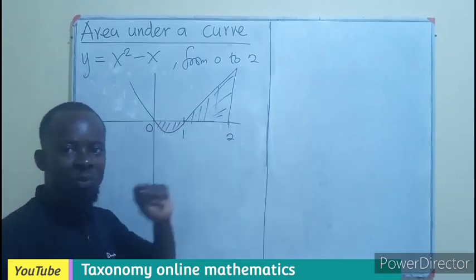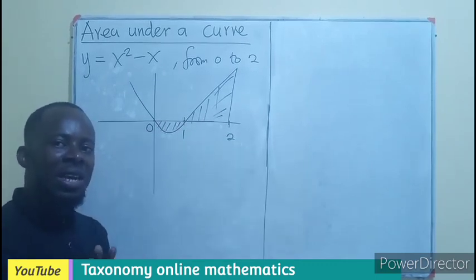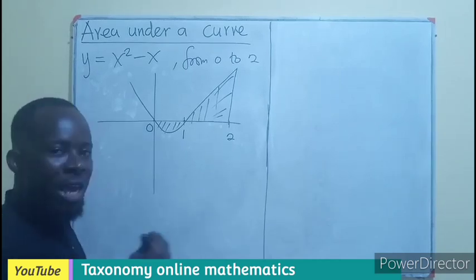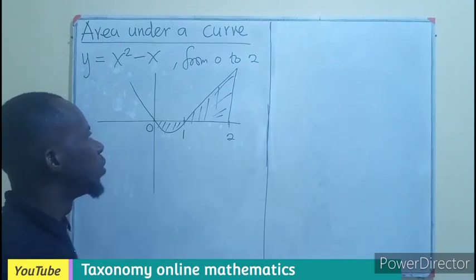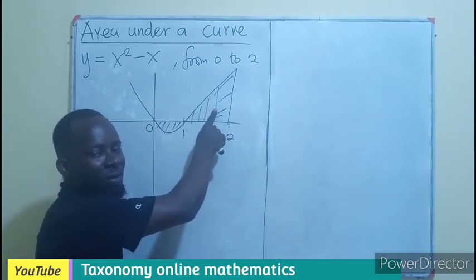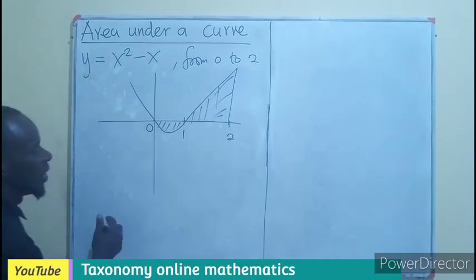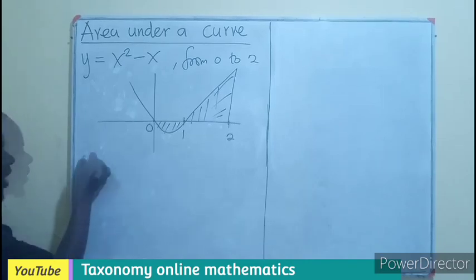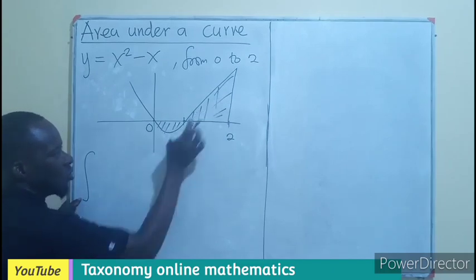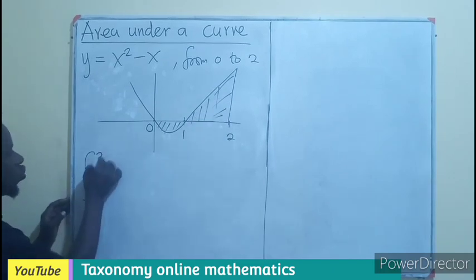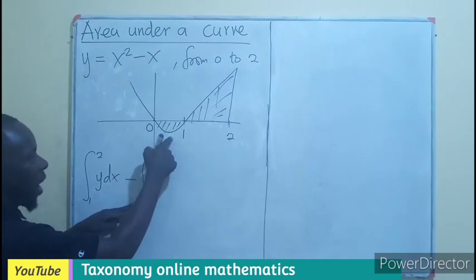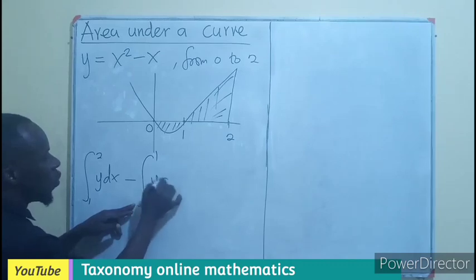Below, above. I explained earlier on that if we have area below the x-axis, that gives you a negative value. Area above is a positive value. So in this case, we are going to find the area of this plus the area of this. Or we are going to just say, I'll be having integral of the upper, from 1 to 2 y dx minus the integral of the lower, 0 to 1 y dx.